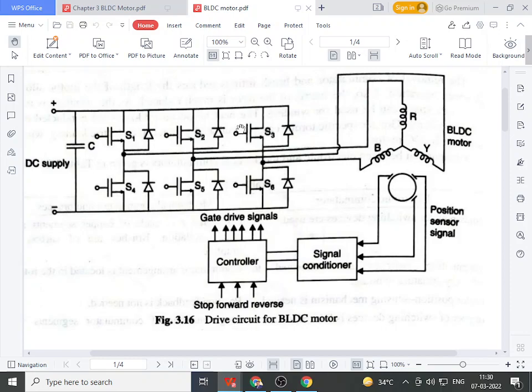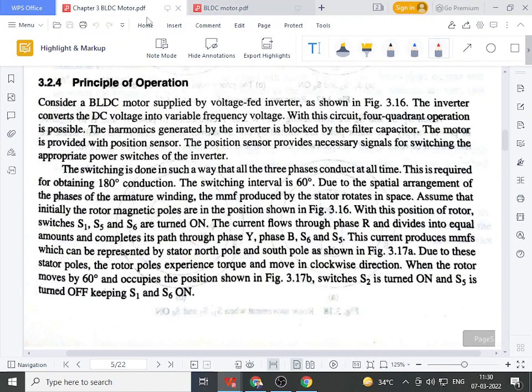So the condition is that we turn on either one switch from the upper leg and two from the lower leg, or two from the upper leg and one from the lower leg. If we apply the switching sequence according to this logic, then only will all three phases carry current. How the phases carry current and how this motor will operate, for that purpose we have to discuss the working principle of the motor.